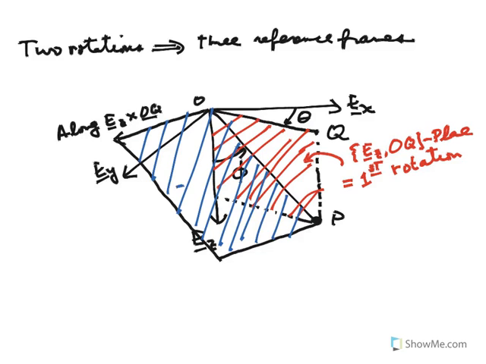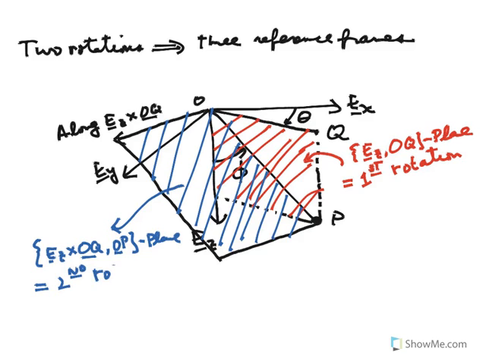Now this is the plane which is formed by the direction EZ crossed with OQ and OP. And this is equal to the second rotation. So now we have a complete description of these different rotations in terms of planes.